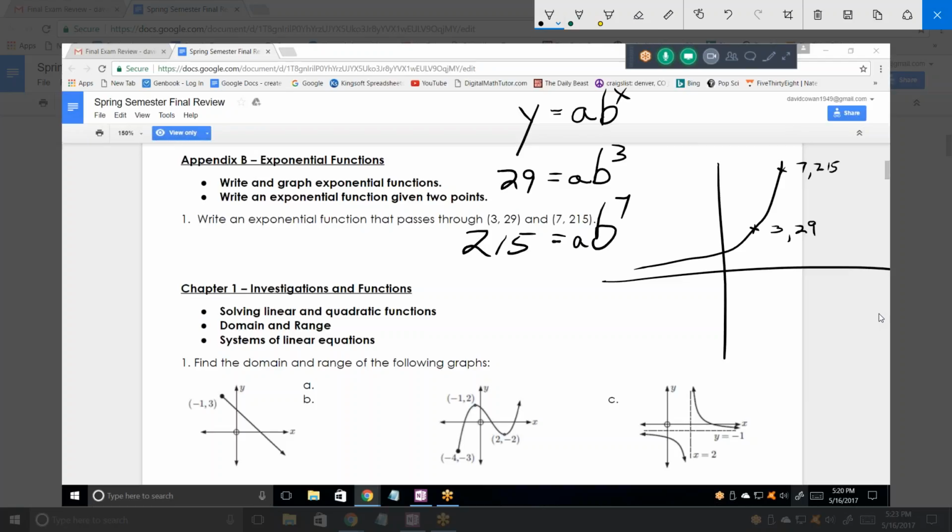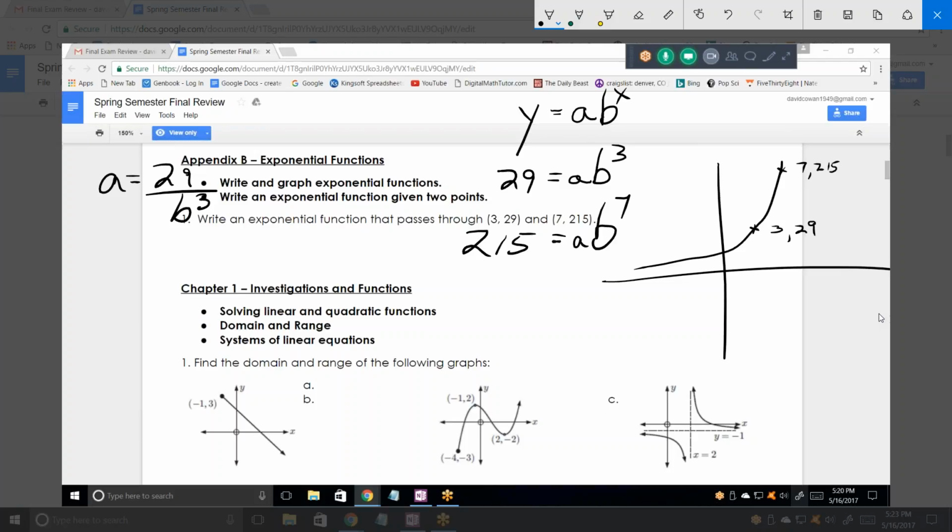However, when you're solving equations, think substitution or elimination. Why don't I solve the first equation for a? a equals 29 divided by b cubed.